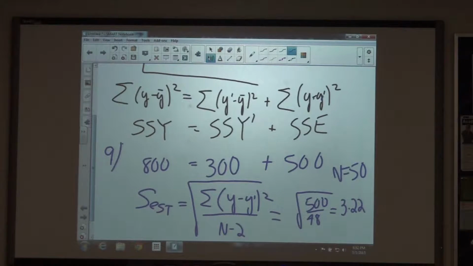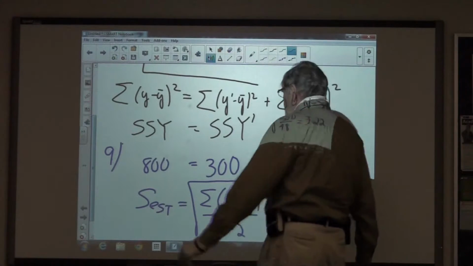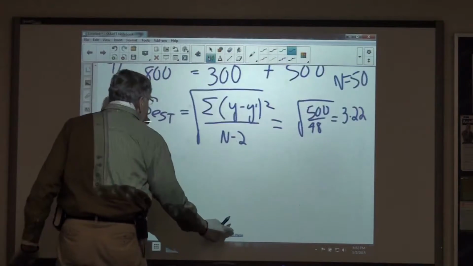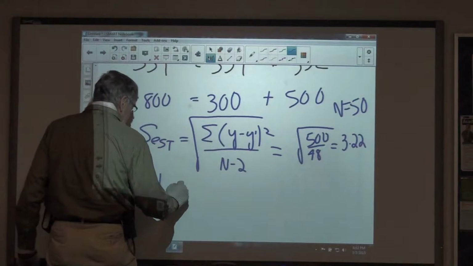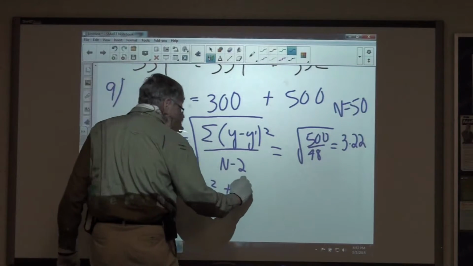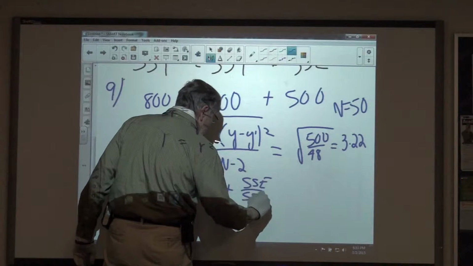Now, I'm not going to say anything about C, just somebody tell me the answer. What's the answer to C? So it's 3/8, right? How do you get 3/8? Well, the formula that you're going to need for part C is that 1 equals r squared plus SSE over SSY.